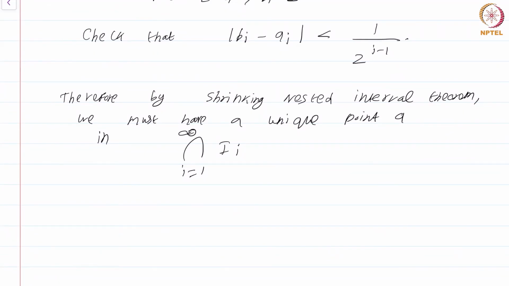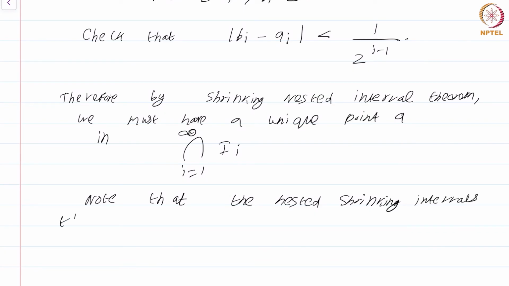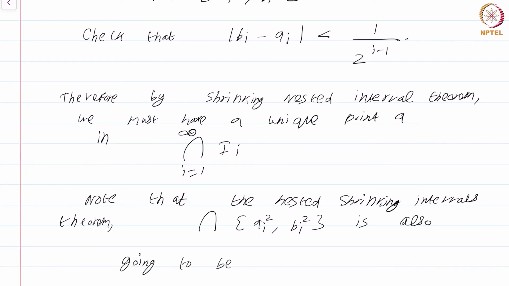Now note that by the nested shrinking intervals theorem, the intersection of [ai², bi²] is also going to be a single point, right?